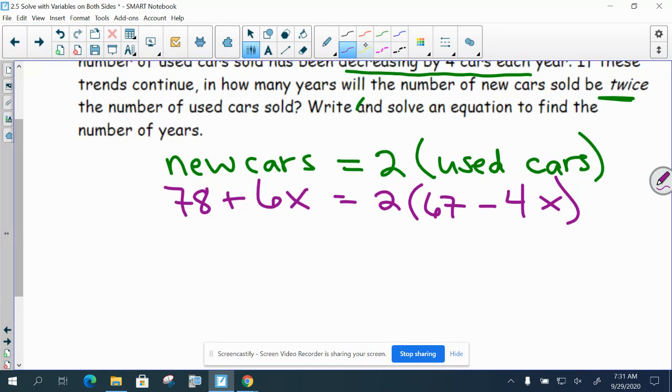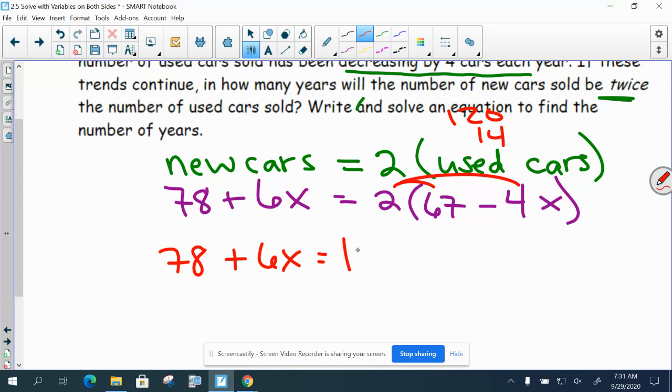Okay, so let's go ahead and solve. So let's distribute the 2. Distributive property first. This would be 120. 2 times 7 is 14, so that would total 134 minus 8x. So mental math there.